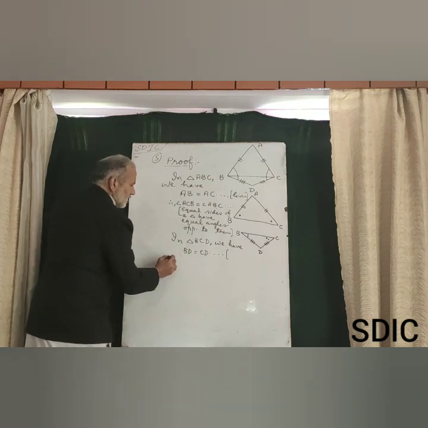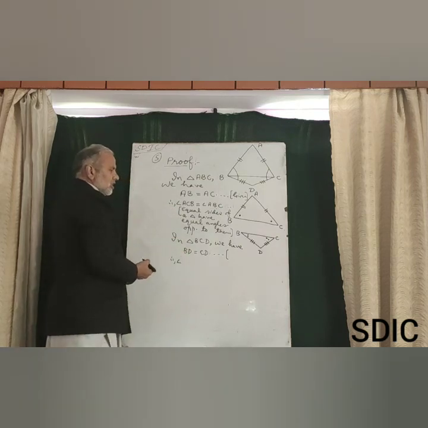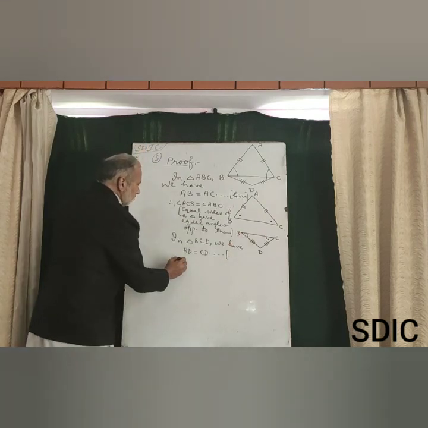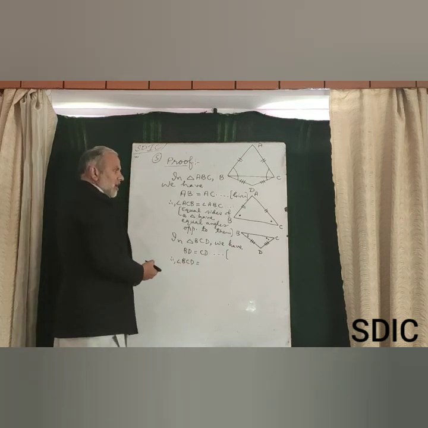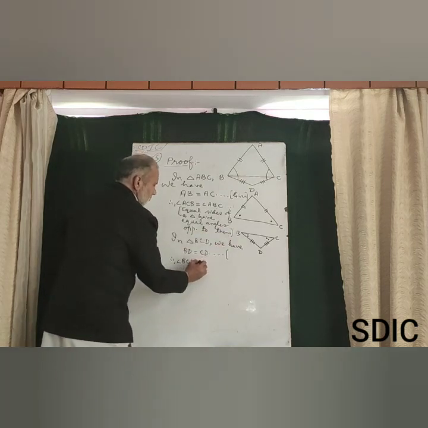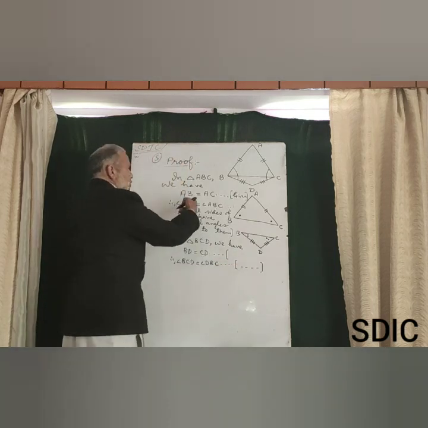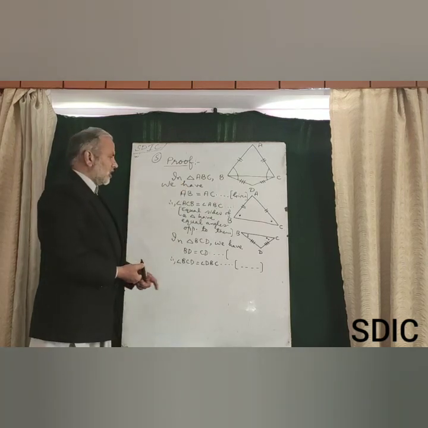Therefore their opposite angles will be equal. Angle opposite to BD, we have angle BCD is equal to angle DBC. The reason is the same as the statement that you wrote earlier. You can write that also here.